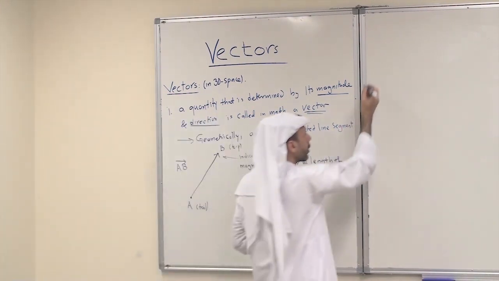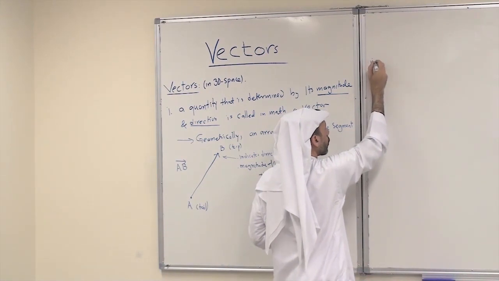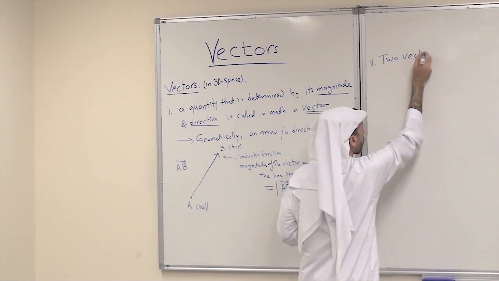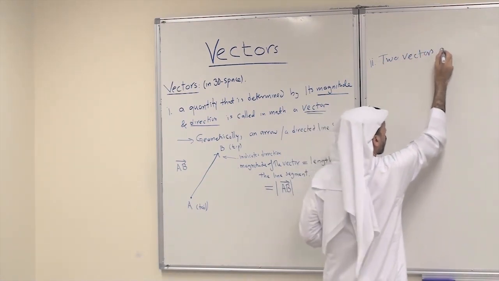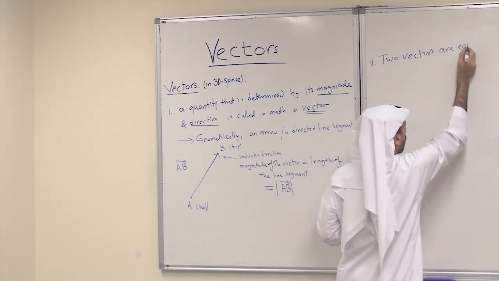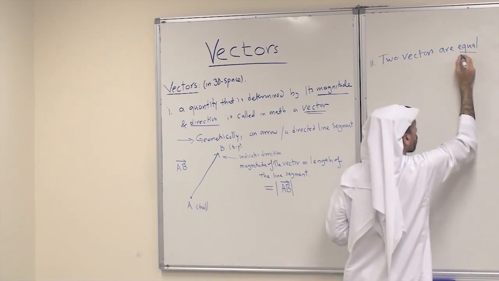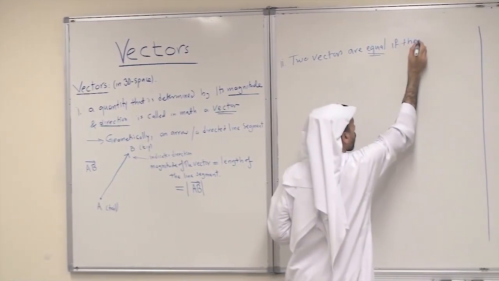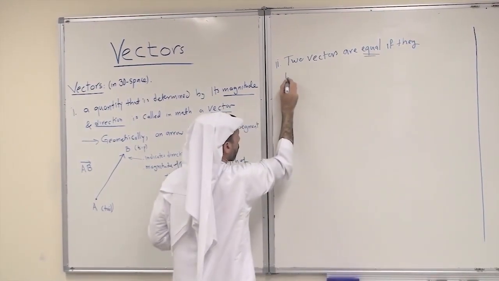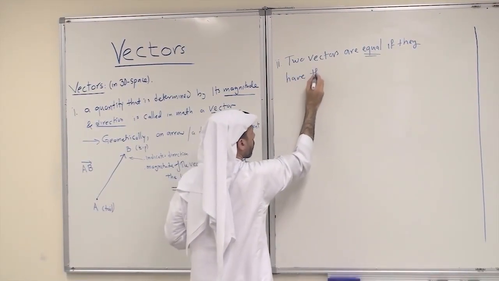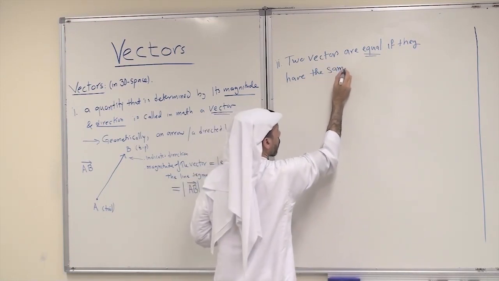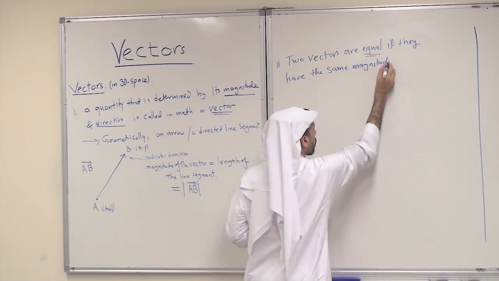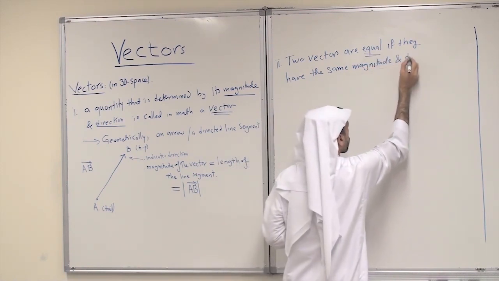The second point here: two vectors are equal if they have the same magnitude and direction.